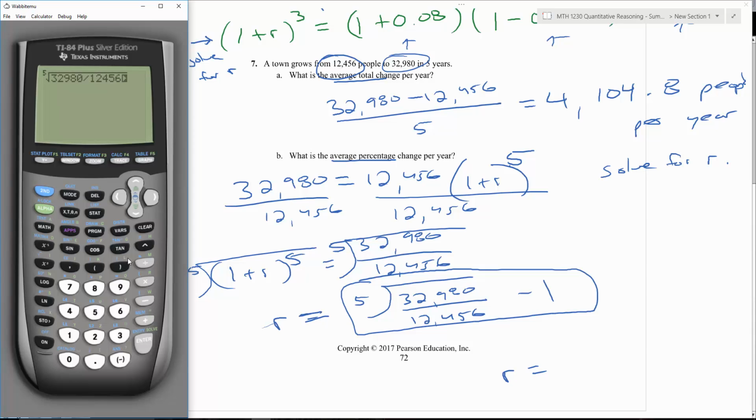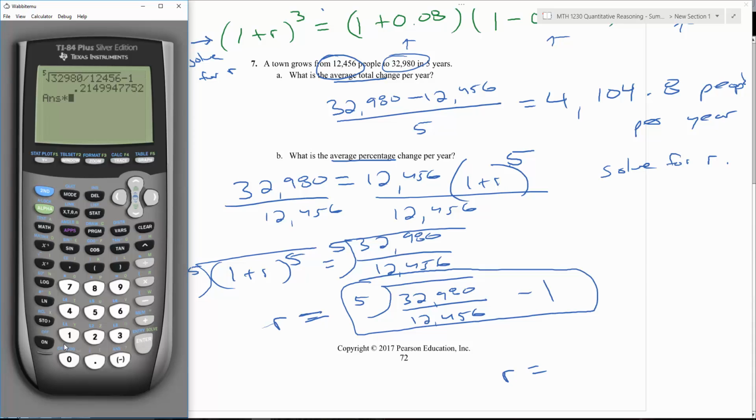Important here, I need to close my parenthesis, depending on how yours looks. With mine, it's a little more advanced, so you would want to put this in parentheses, but if yours looks like mine, it has this type of field. If I hit the right arrow, I can get out of the square root symbol, and I just type minus 1. Either way, you need to make sure the minus 1 is not underneath the root. If I hit enter, I get that value.